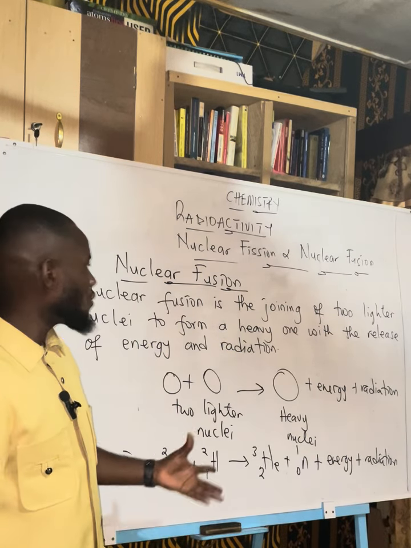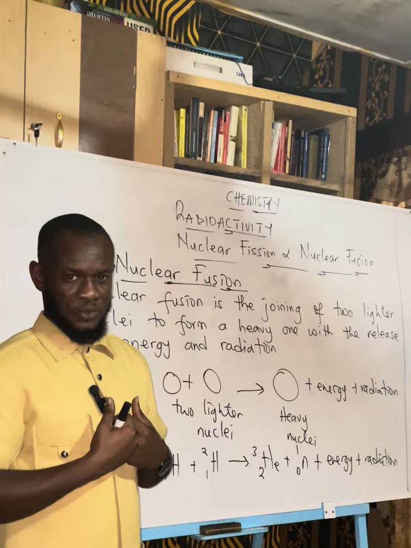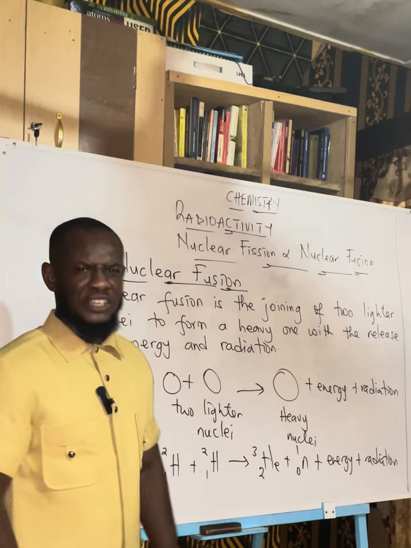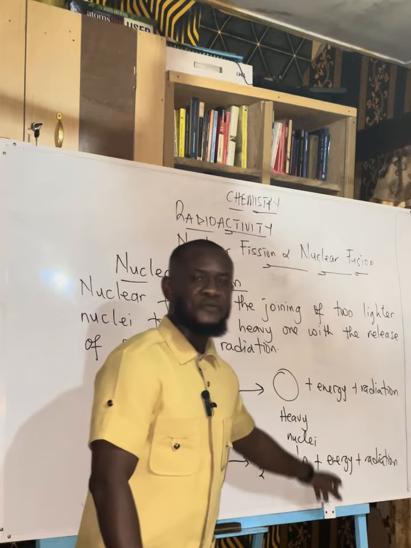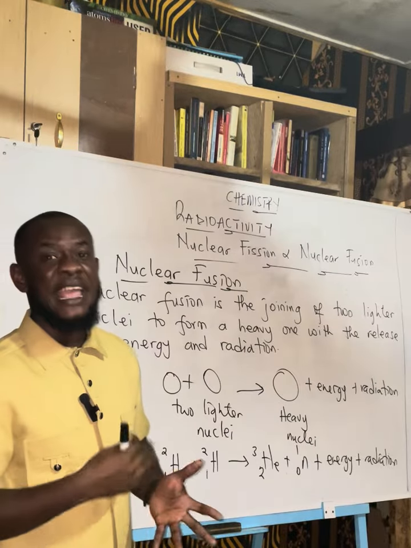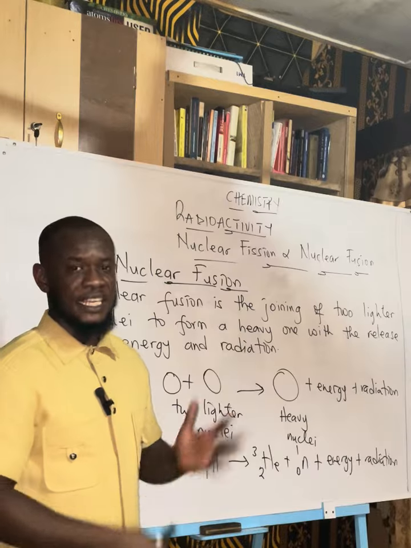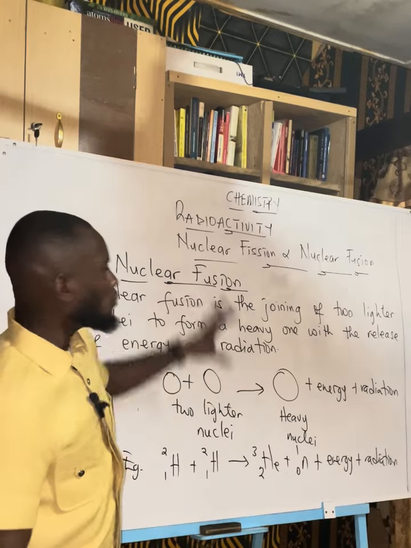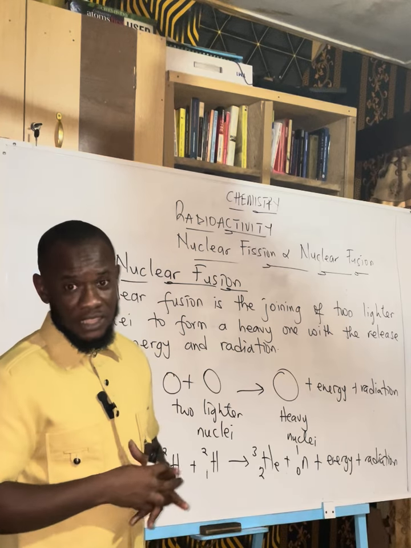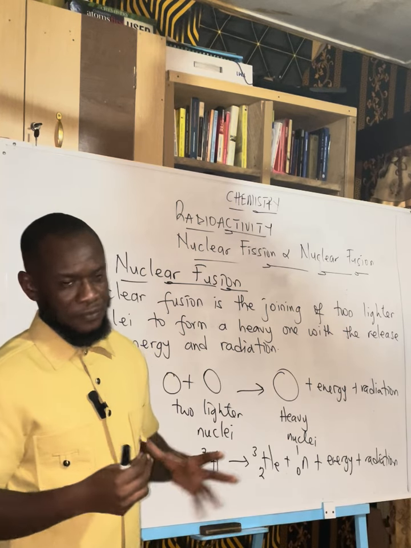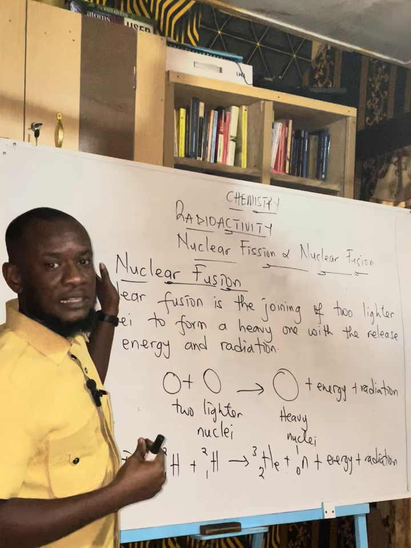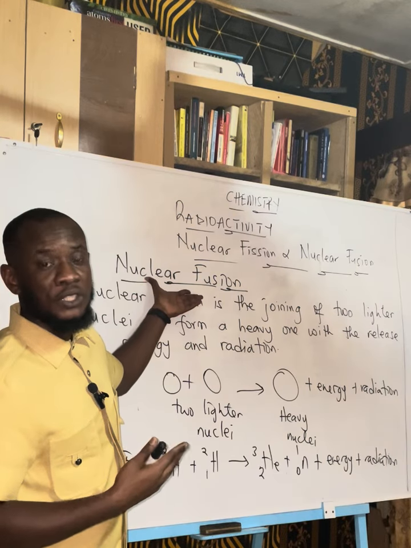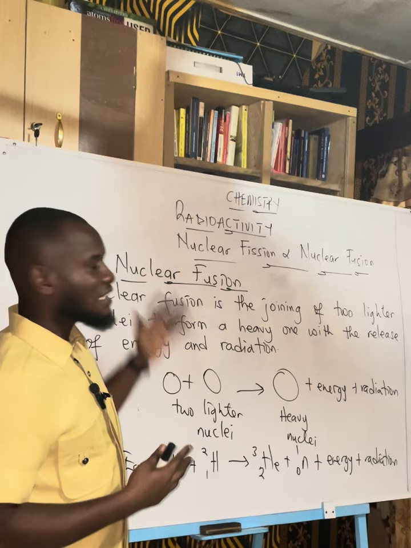We call this type of reaction nuclear fusion. Now what you have to know is that under a fusion reaction, the energy which is produced is very, very high. It's higher as compared to nuclear fission. These two main reactions were discovered by Albert Einstein. We saw that there are some reactions that can be fusion and some that can be fission.